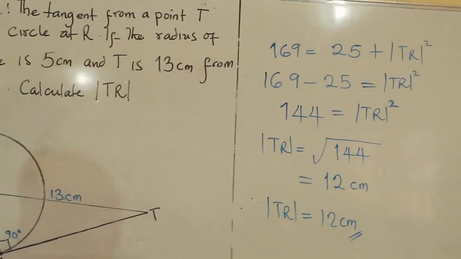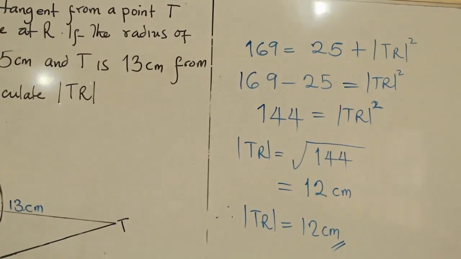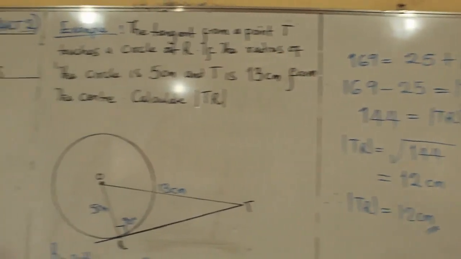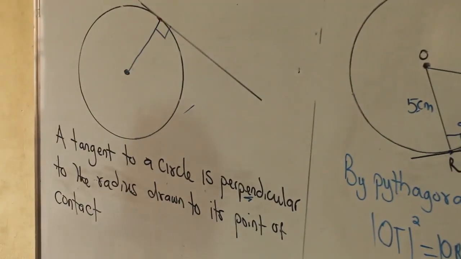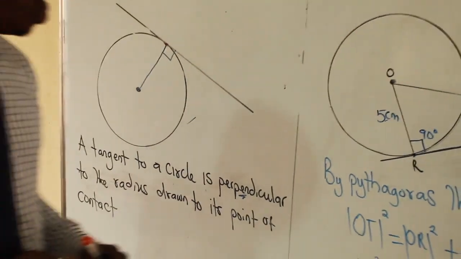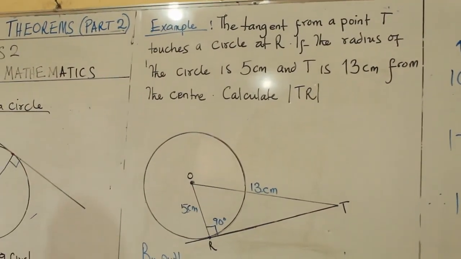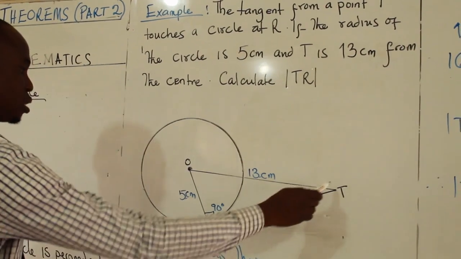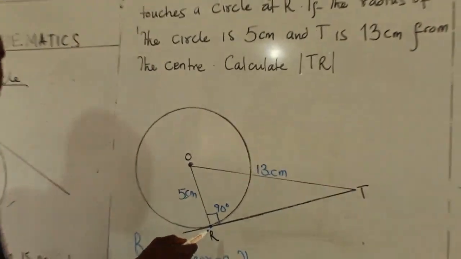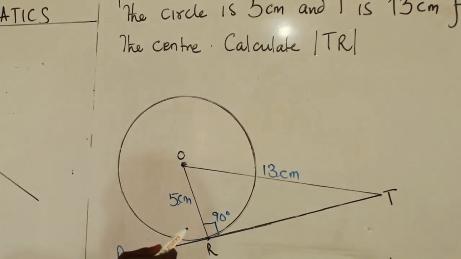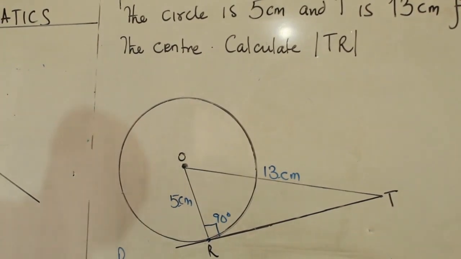We have used this property of a tangent, which says that a tangent to a circle is perpendicular to the radius drawn to its point of contact, to help us find the length of TR. We got TR because we understand that the angle formed here is 90 degrees and the triangle formed is a right angled triangle.